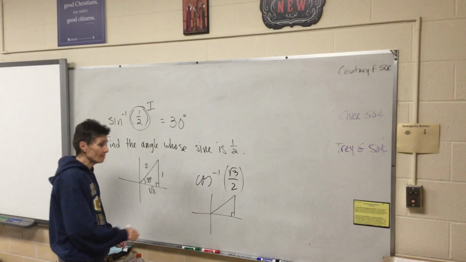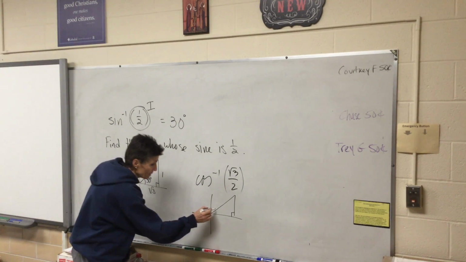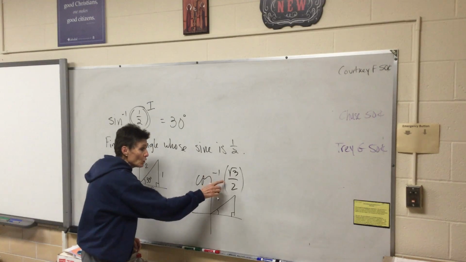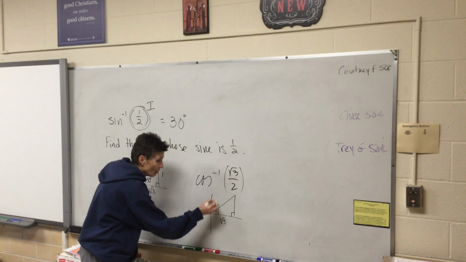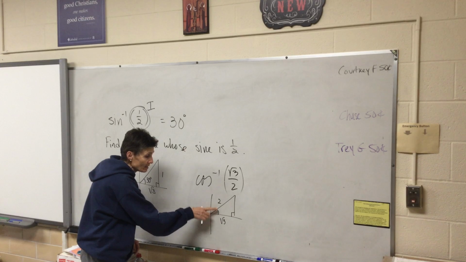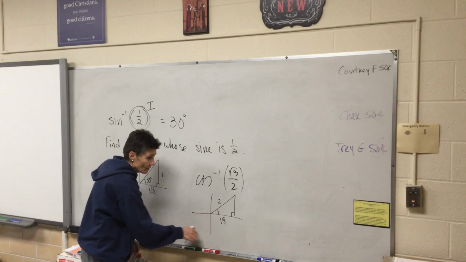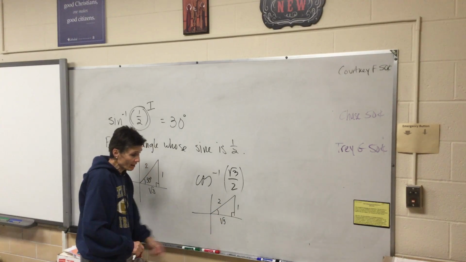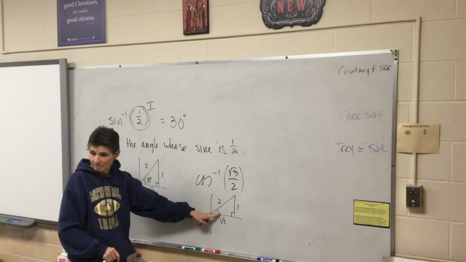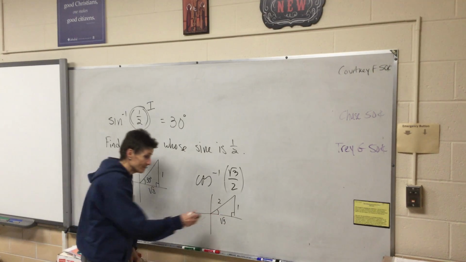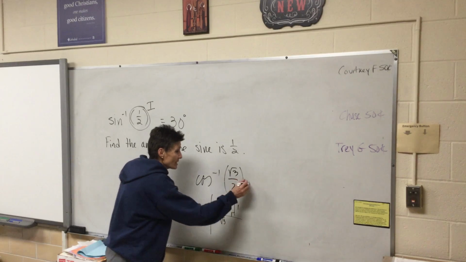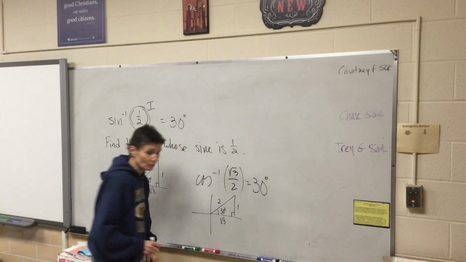Now this time, the cosine, we're looking for this angle, and the cosine is √3/2. So adjacent over hypotenuse is √3/2. Oh my gosh, that makes that a 1. How big's that angle? 30. Yeah, that's 30 again. So the answer to this problem is also 30.